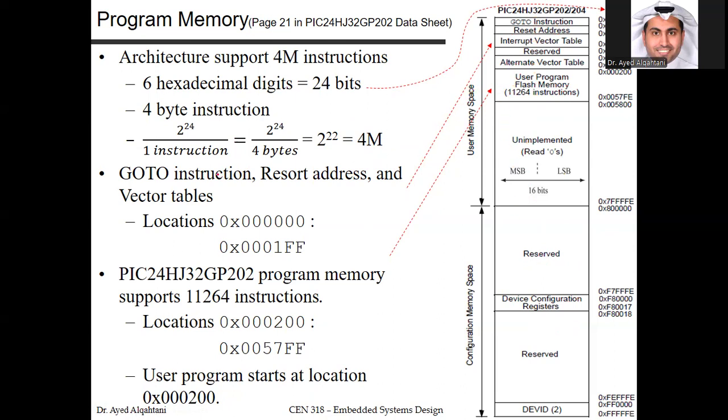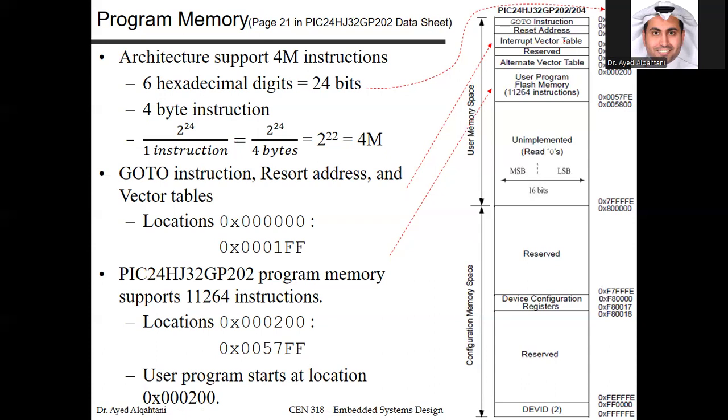Starting from the beginning, you would see that we have the goto instruction. Basically, this goto instruction helps you identify the starting point of the code. In C or Java, we call it the starting of the main method. Also, we have the reset address, and the vector tables. You can see this is the goto, this is the reset, and we have a vector table for the interrupts.